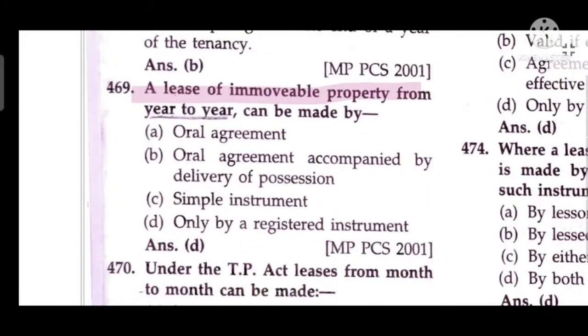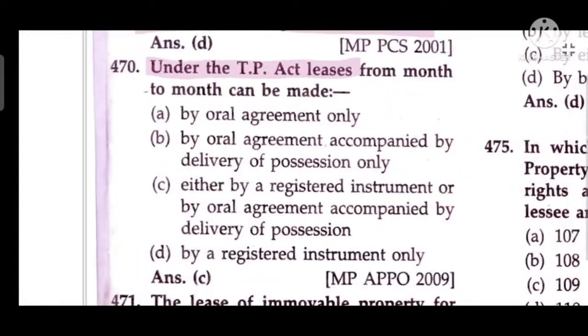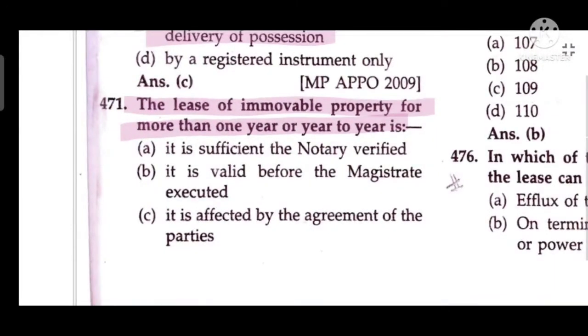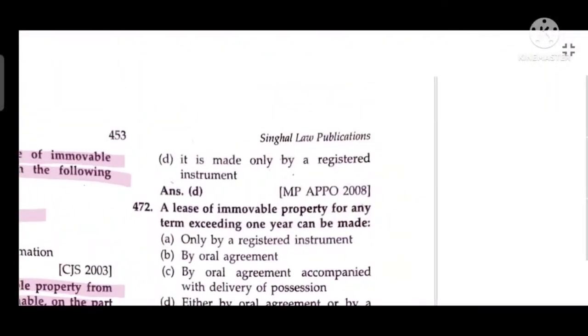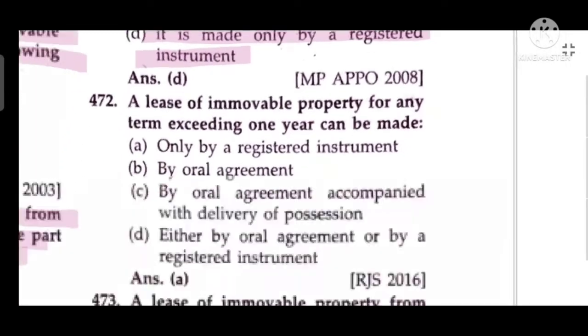A lease of immovable property from year to year can be made only by a registered instrument. Under the TP Act, a lease from month to month can be made either by a registered instrument or by oral agreement accompanied by delivery of possession. A lease of immovable property for more than 1 year or from year to year is made only by a registered instrument.